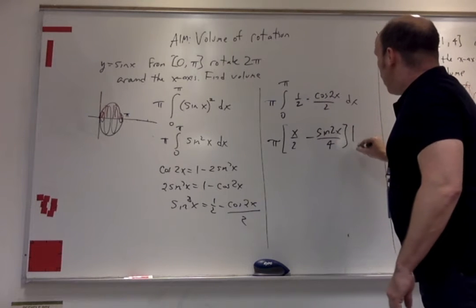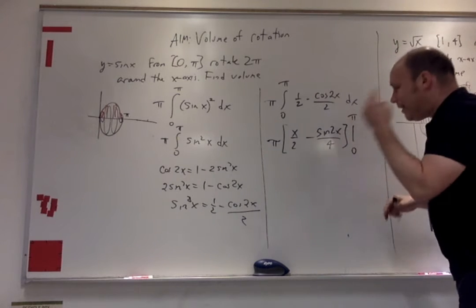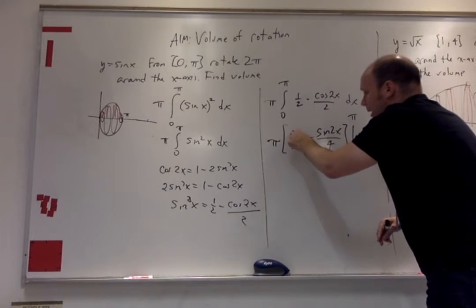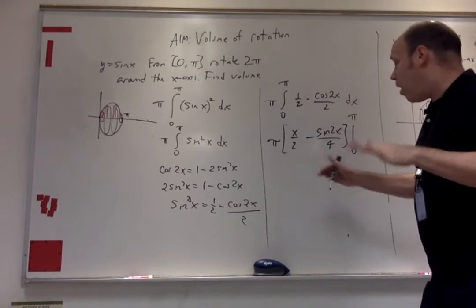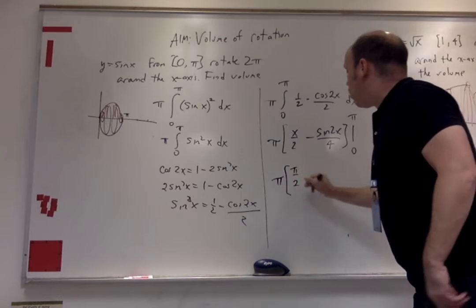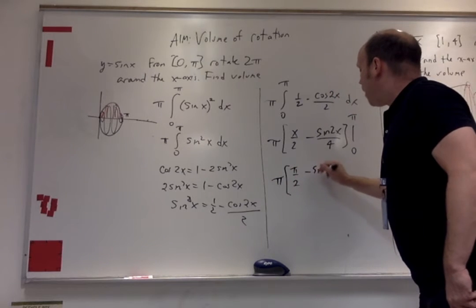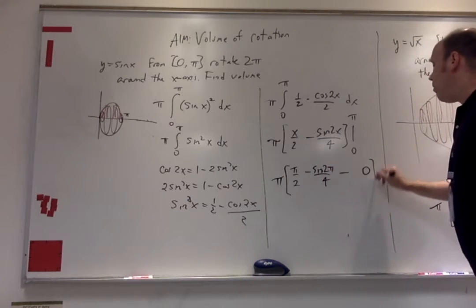From 0 to pi, we're lucky here. I can see already that the 0 is going in here, and sine of 0 is 0. So it's pi over 2 minus sine of 2 pi over 4, minus 0.